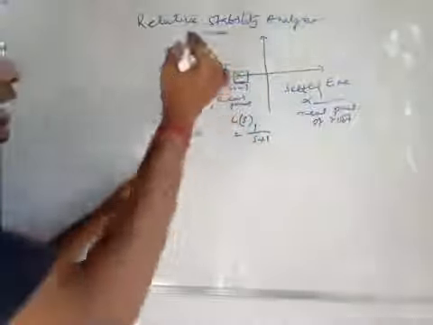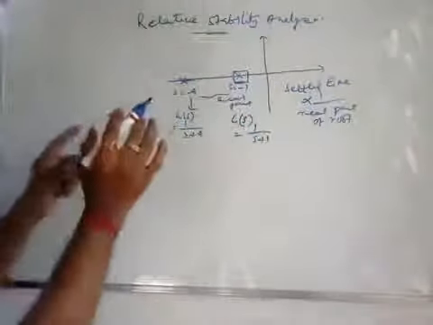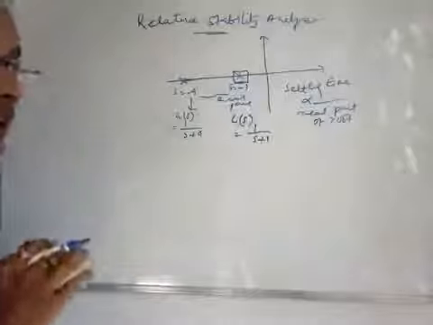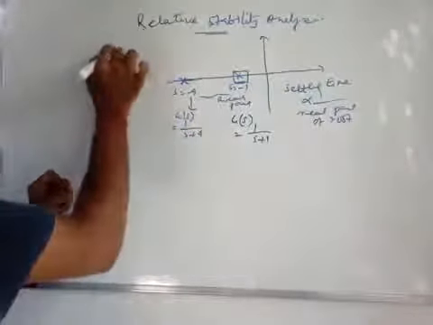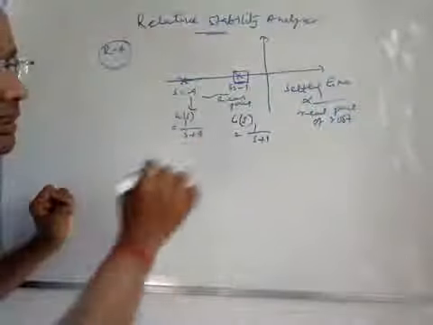So how does this give you the idea about relative stability, and how can it be done with the help of Routh analysis? That we will discuss here.